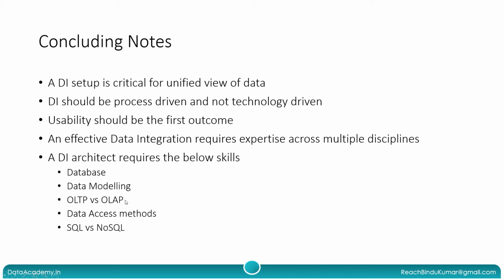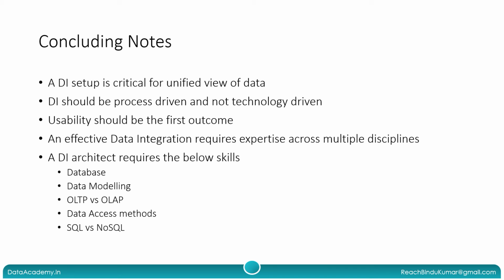Okay. The third point, OLTP versus OLAP. OLTP versus OLAP again is something that I will discuss in future sessions in detail. But here, if I have to say, OLTP are systems that generate data, and OLAP are systems that consume data. And there is a big difference between how the two systems work. Not only how they work, but how they are designed as well.